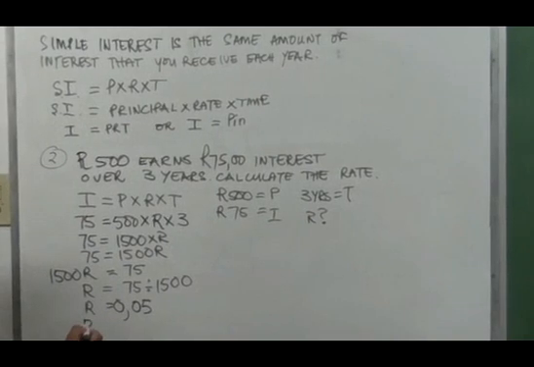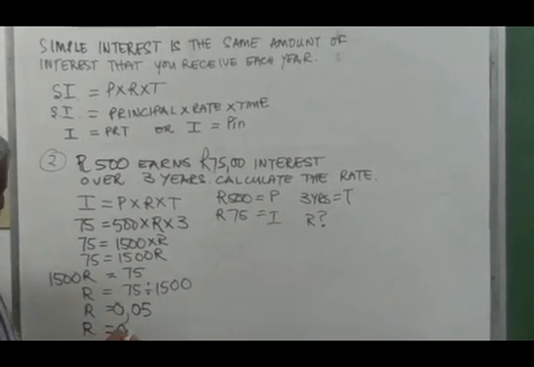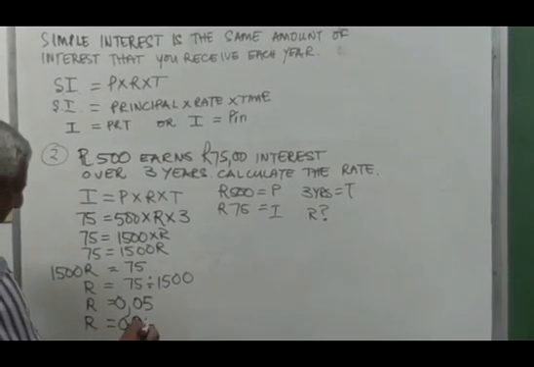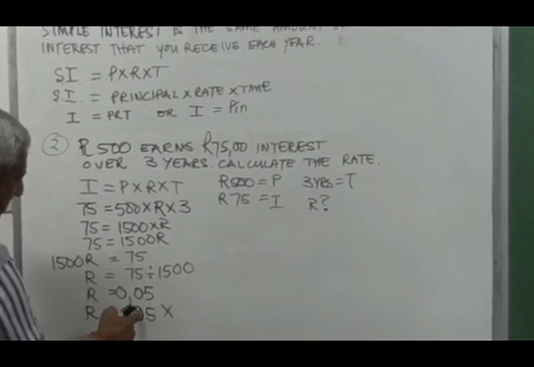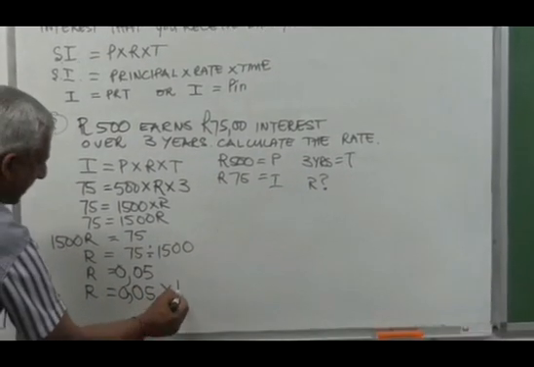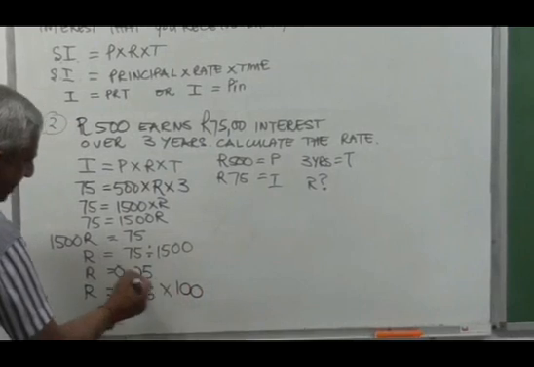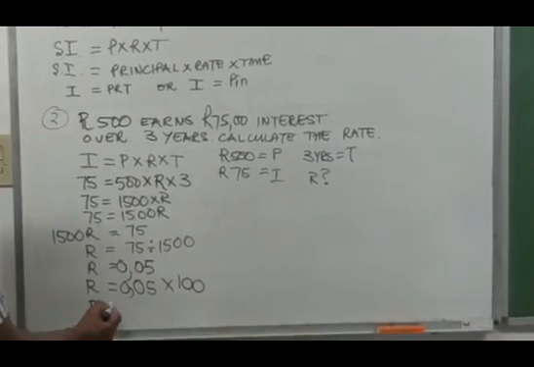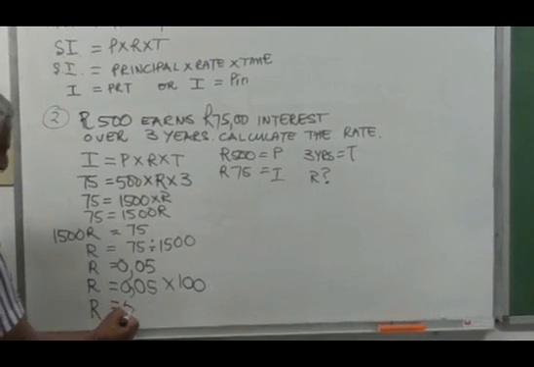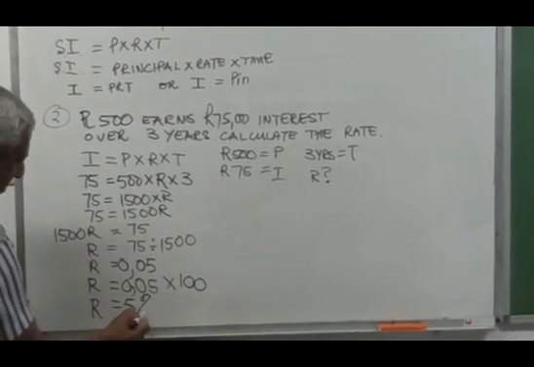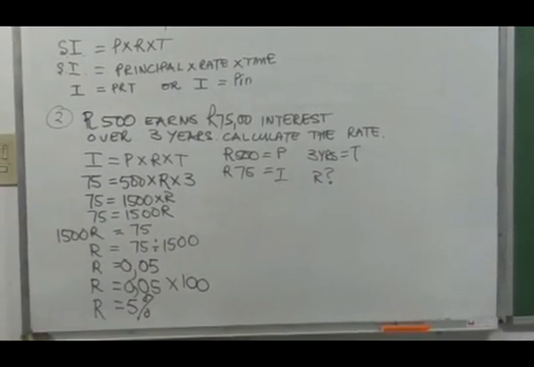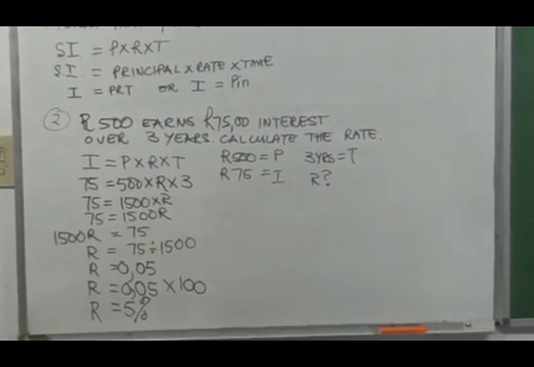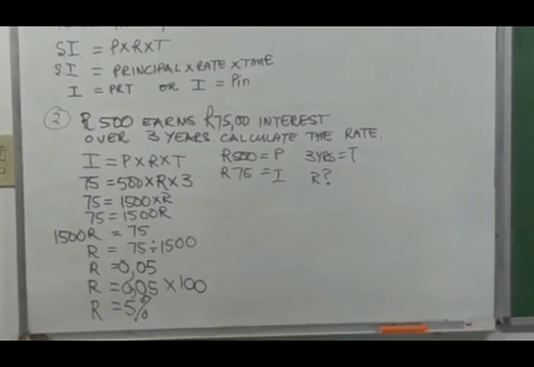So therefore you'll have to multiply it by 100. 0,05 times 100, because you want to convert that decimal fraction into a percentage, and you end up with the rate equal to 5%. So that's your final answer. The rate is equal to 5%.